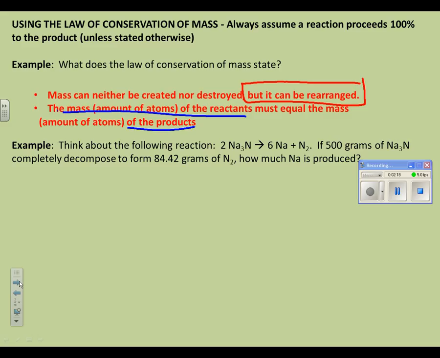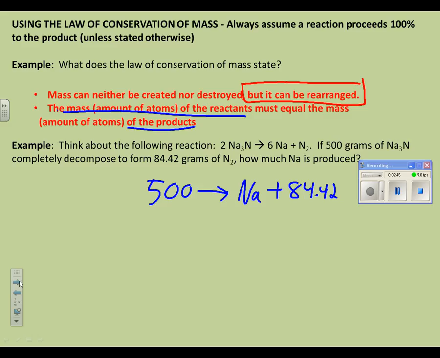If we start off with 500 grams of sodium nitride, we can say 500 grams, and complete decomposition forms 84.42 grams of diatomic nitrogen. How much sodium is produced? So we can say 500 yields some amount of sodium plus 84.42 grams of diatomic nitrogen.